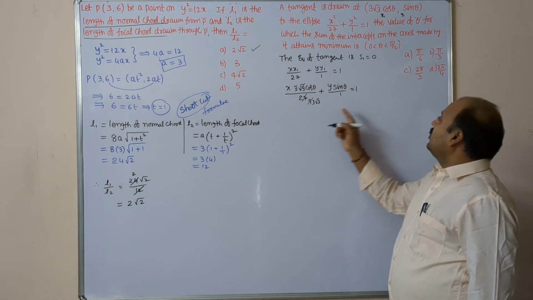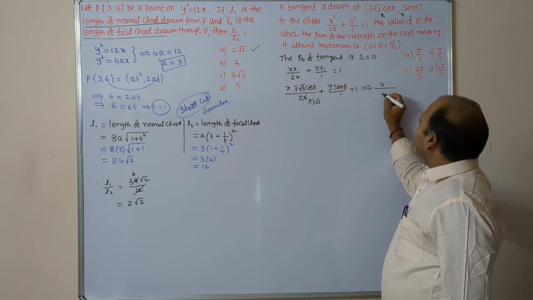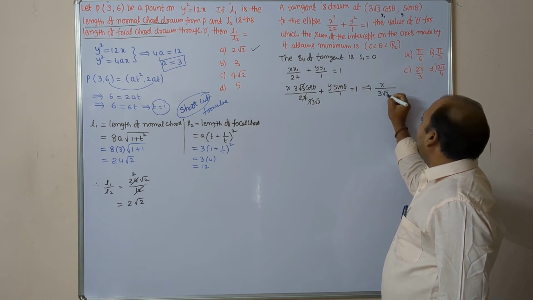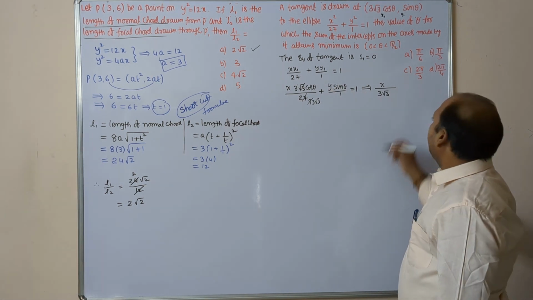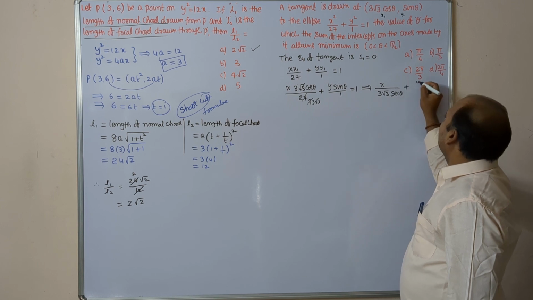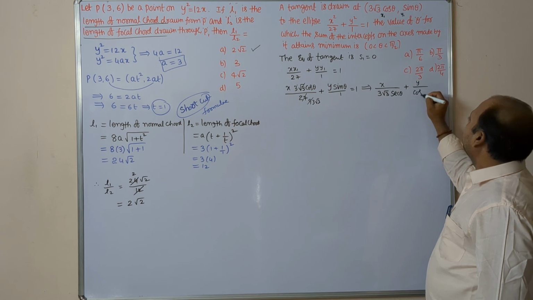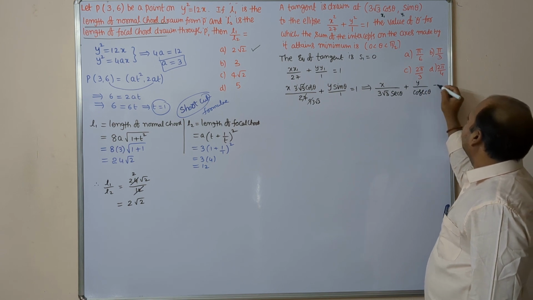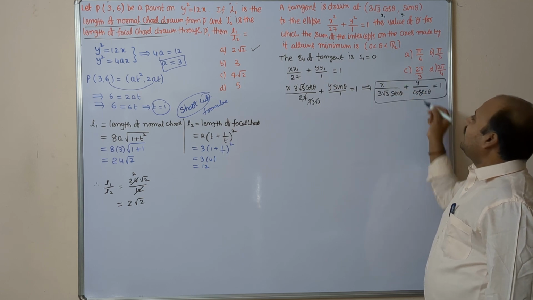So this you can write in the intercept form. So x divided by 3 root 3, this cos theta, if it comes to the denominator, it will be secant theta, am I right? Plus y divided by sin theta, it comes to the denominator, cosecant theta, reciprocal of sin. It is in the form of x by a plus y by b equal to 1.